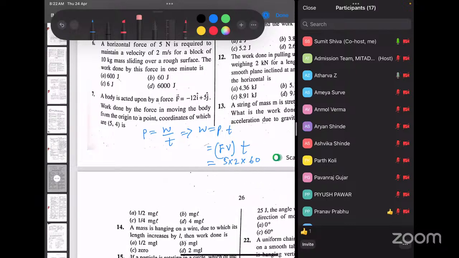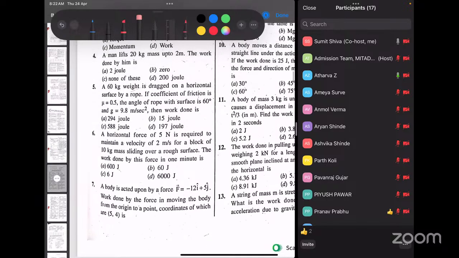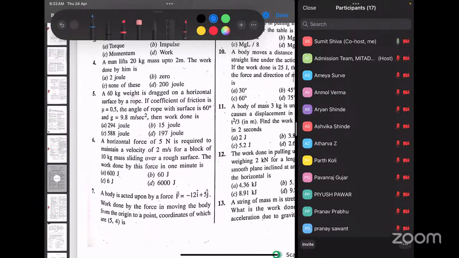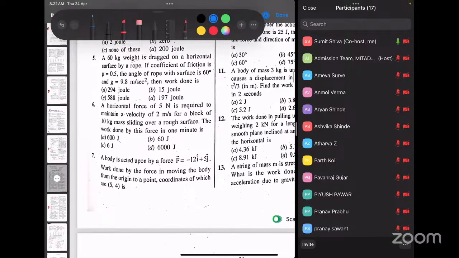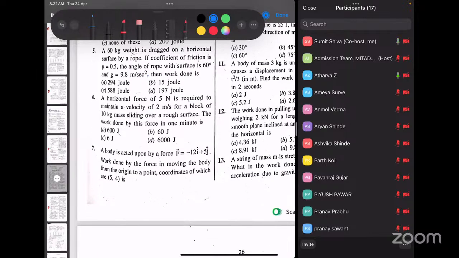Okay. Sir, the fifth question is a misprint. Its displacement is 2 meter. Yes, 2 meter. In that case, the answer will be option A, 294. Okay. Force was how much? 0.5 into 60 into 10, and 2 meter displacement, right?